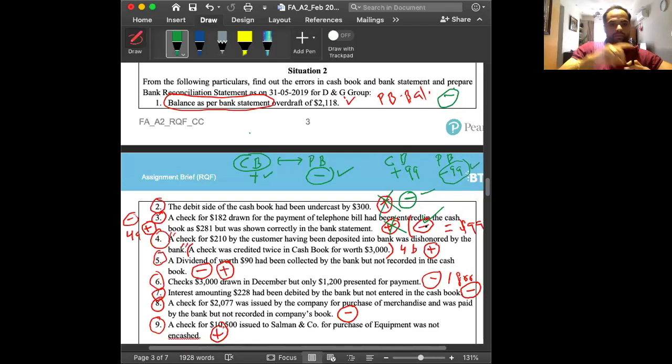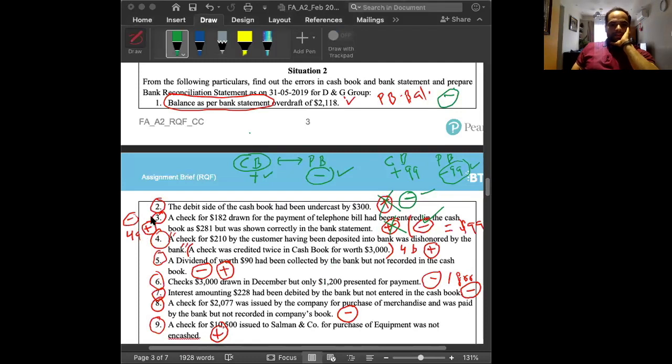Yes, it's okay. So move on to 4A. A check for $210 by the customer, having been deposited into the bank, was dishonored by the bank. Some of you said positive, some of you said negative.